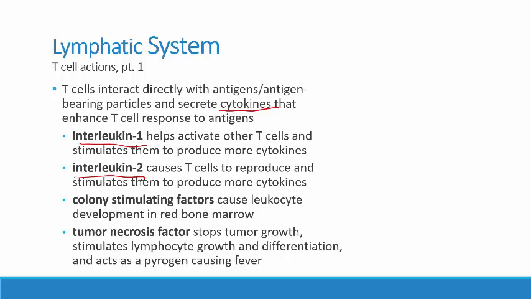And then tumor necrosis factor is a chemical that an activated T cell can produce that helps to stop tumor growth, as well as stimulate the growth and differentiation of lymphocytes. This tumor necrosis factor also can act as a pyrogen in the body to cause fever to be produced.